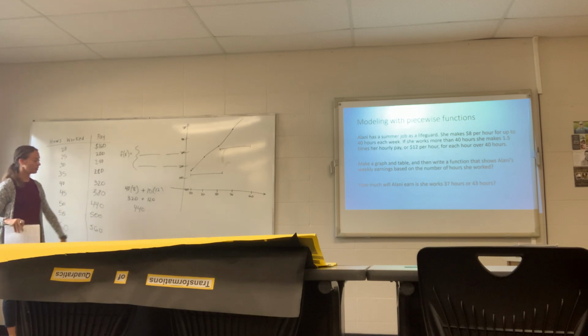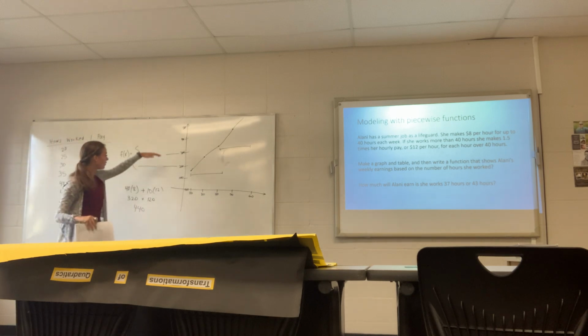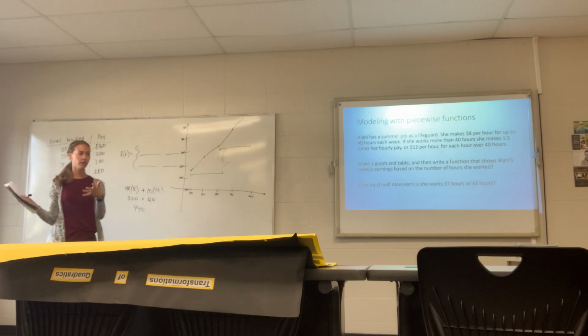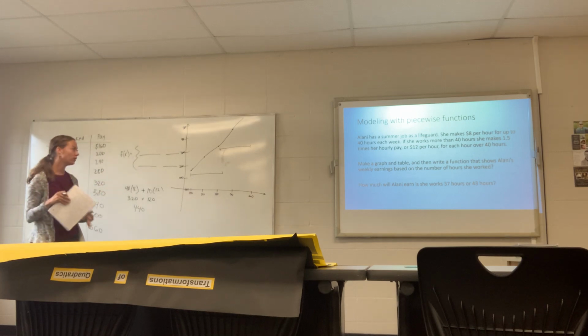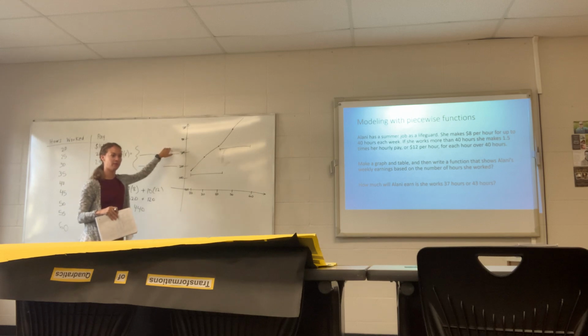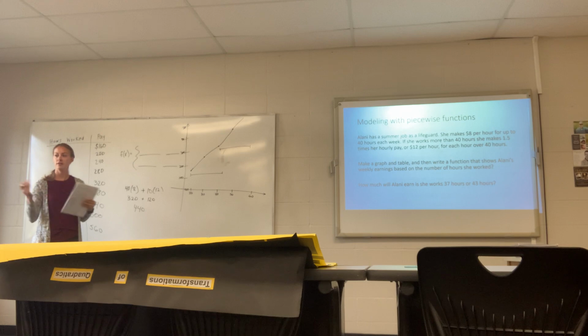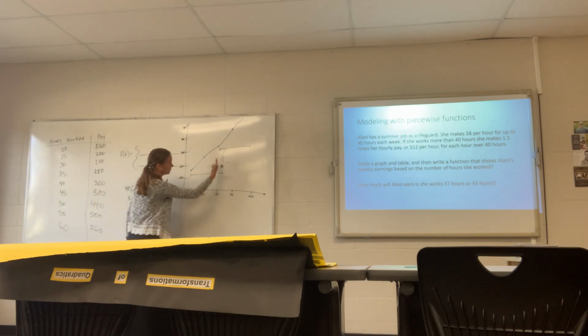Okay, so let's start with the domains. I think that's easier than starting with the equations. For the first one, so from like 0 to 40 hours, I make $8 an hour, correct? So what do you think my domain for that would be, for the first part of the graph? 0 to 40. Yeah, 0 to 40, because on my x's, I'm going from 0 to 40.